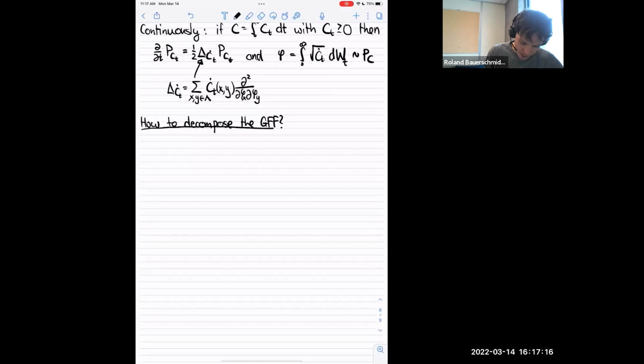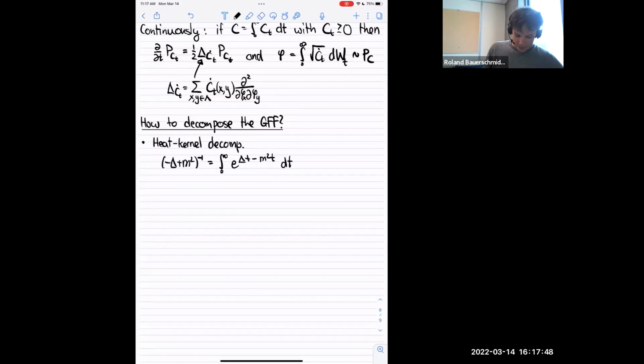Let me write down a few different ways you can use. One of the most canonical ones would be what I would call the heat kernel decomposition. You can of course write the Green's function as an integral over heat kernels. So that is one way.